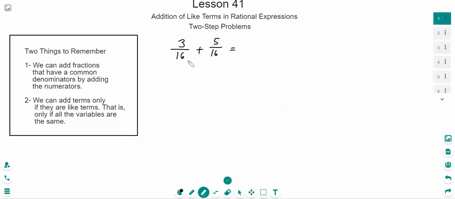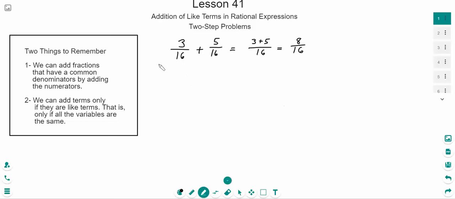And whenever we have that, we can add the numerators and place them over the common denominator. So this is going to be the same thing as 3 plus 5 over 16. I'm placing both numerators over the 16, the common denominator, and I'm adding the numerators, which in turn would give me 8/16. This is a very simple problem that we've done many times before.